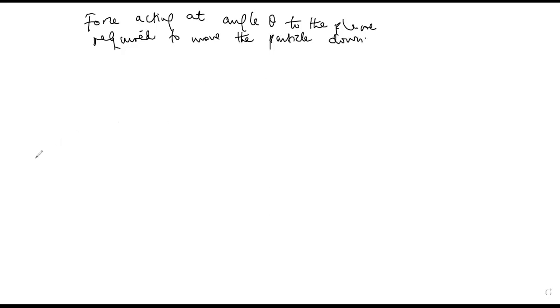Now let's sketch. During the sketching, you must use a ruler. This is mg.